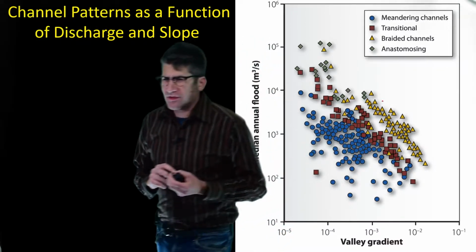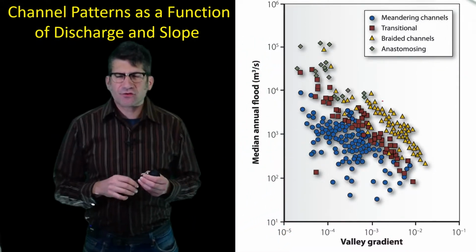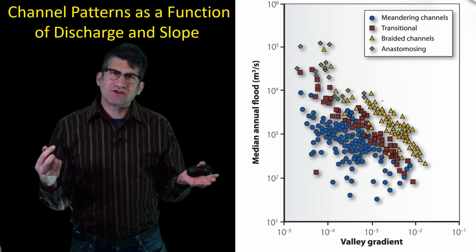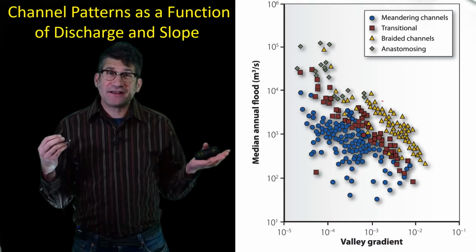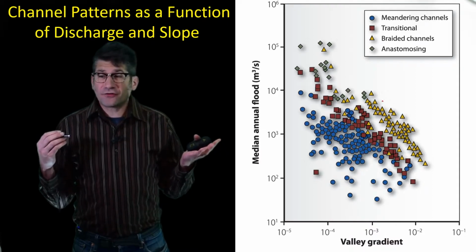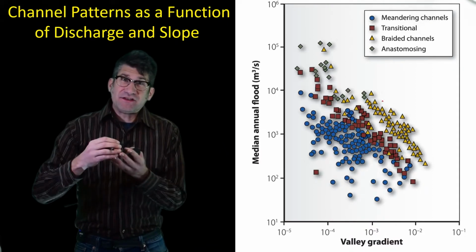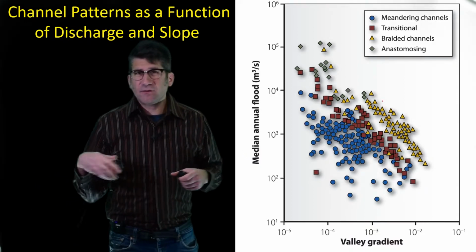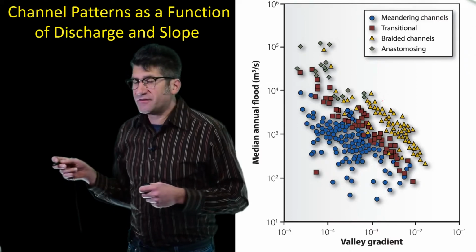Another interesting thing we can do is characterize our channels and these different morphologies based on both the size of the river, and by size I mean the discharge of the river, and also the valley gradient. This is a neat way to think about how we have different channels.